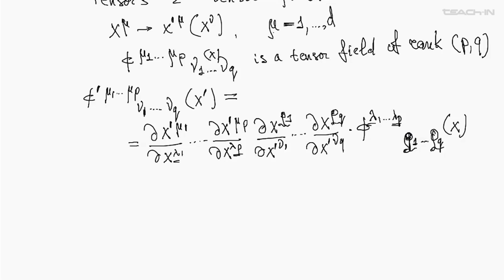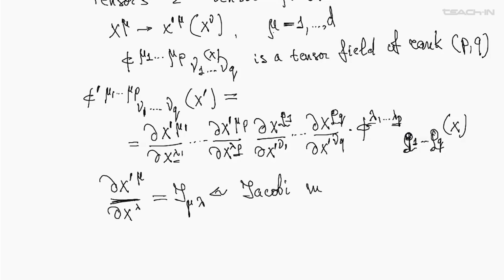This is how tensor fields transform under change of the coordinate system. As you see here, the matrix dx prime mu over dx lambda is a matrix with indices mu lambda. And this matrix is known as the Jacobi matrix. This matrix is non-degenerate, and therefore it's an element of the group GL(D, R).